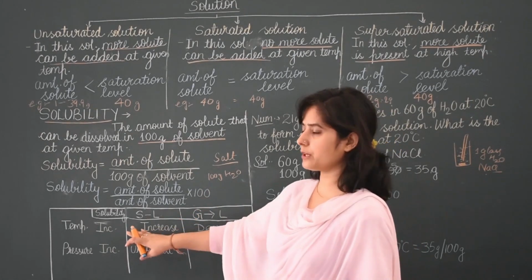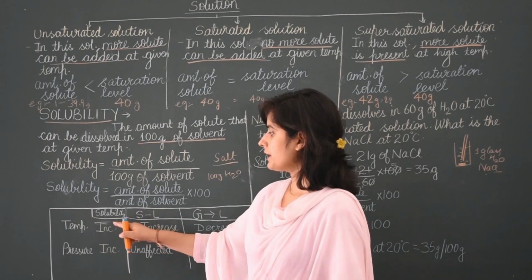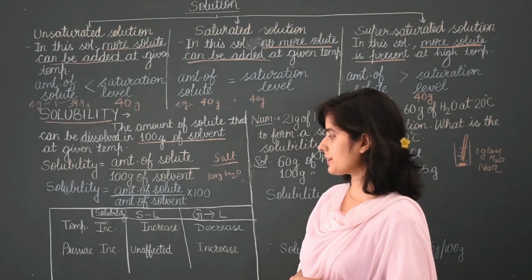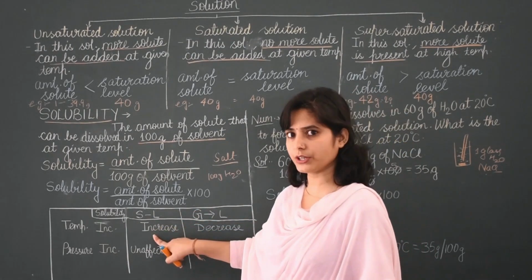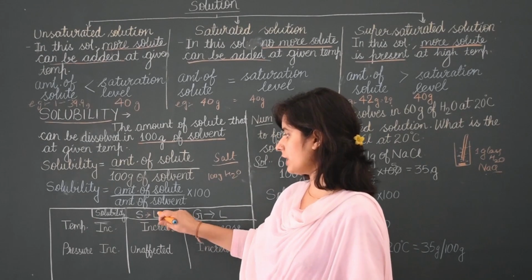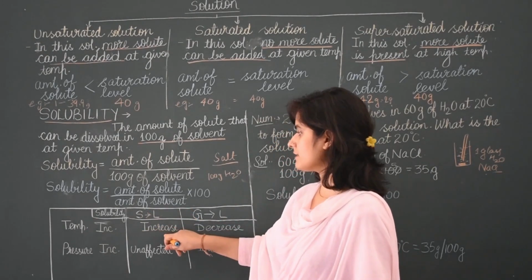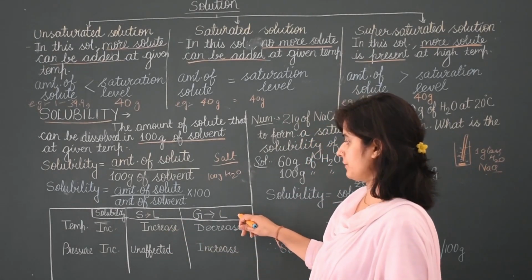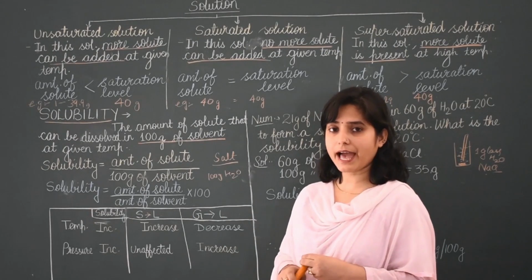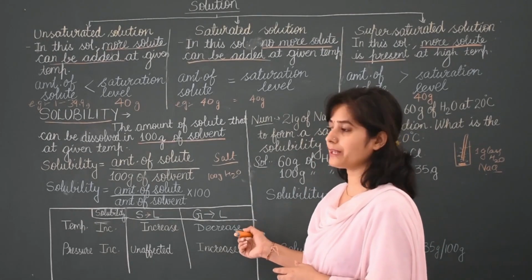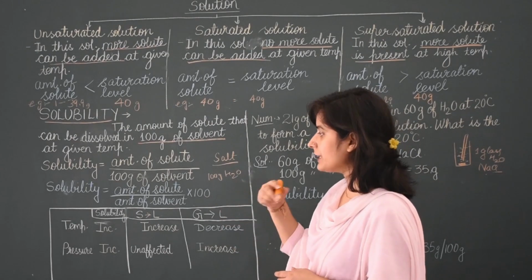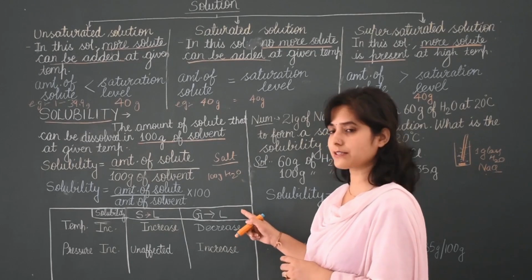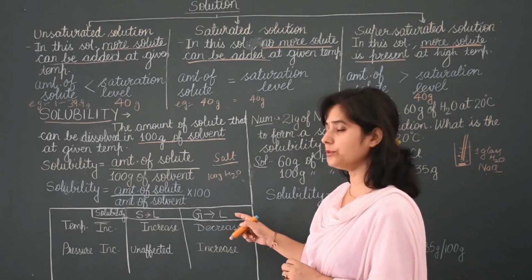The relationship of solubility with temperature and pressure is: if we increase the temperature, then the kinetic energy of particles increases and solubility also increases. This is for solid to liquid. When we dissolve a solid in a liquid, solubility increases, that means we can add more solute. Gas to liquid: when we have to add gas in a liquid, it is not possible at a higher temperature, because on increasing temperature the kinetic energy of gases increases and they want to escape to the environment.